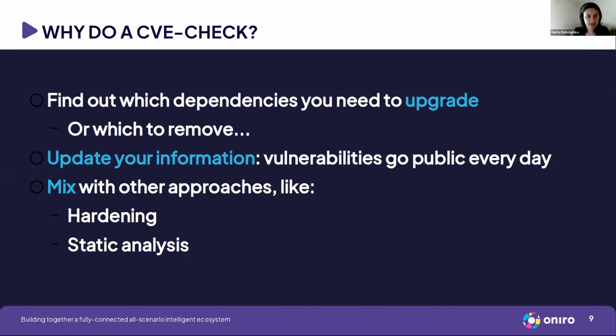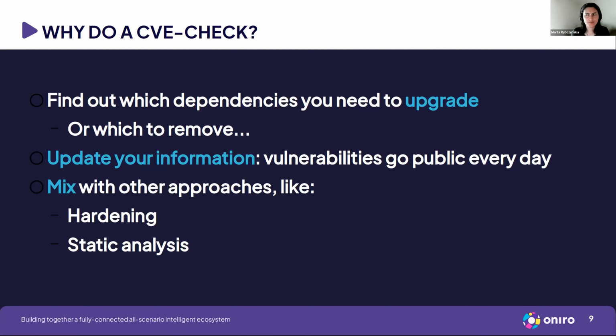Also, a good practice is to mix the CVE-check approach with other solutions like hardening or static analysis or other security measures that you have, because, as I've said, the CVE shows you only what is known as being broken. It doesn't tell you about things that are going to be broken in 3 months.